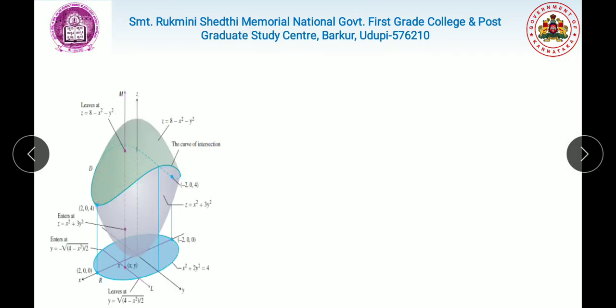So you have the figure here. D looks like this, and the projection in the xy plane is denoted by R. Now fix a point x comma y in the projection, then the line M parallel to the z axis enters the domain at the lower limit and leaves the domain at the upper limit.